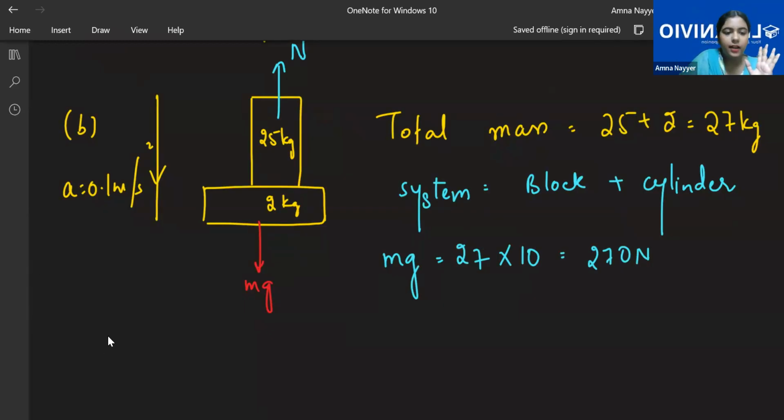Okay, what is Newton's second law? F net is equal to ma. So what is F net here? The force being exerted. Yes, that is it, F net. But what should I write here?